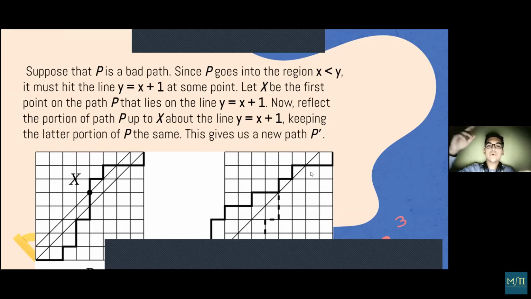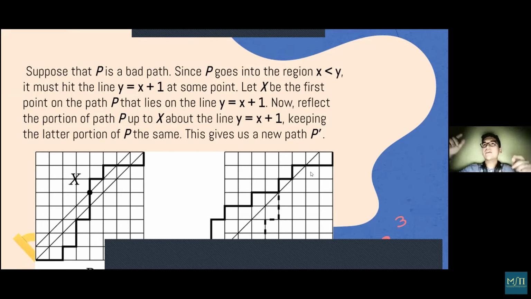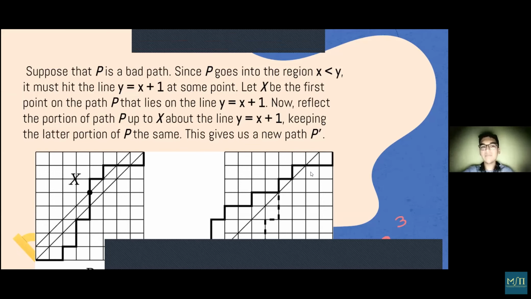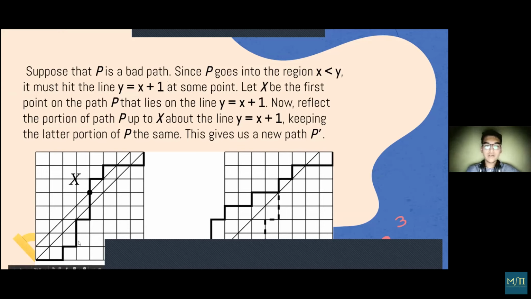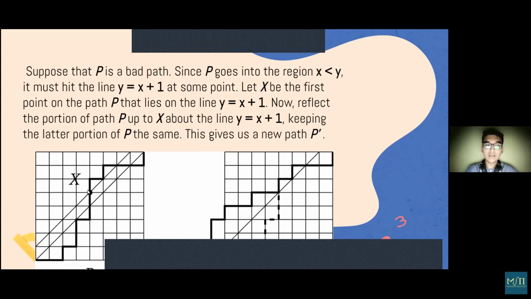And so if it does that, since the only permissible step that we can take is one step at a time, it must hit this line, y equals x plus 1 at some point, right? In this picture, P is a bad path. It crosses this axis and it hits this line, y equals x plus 1 at a point x, right?